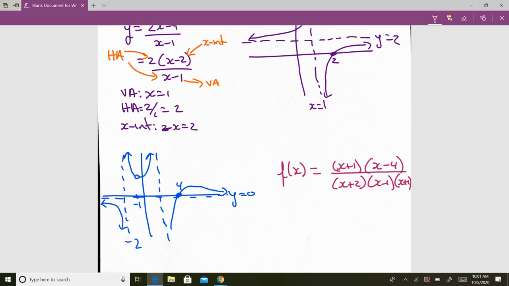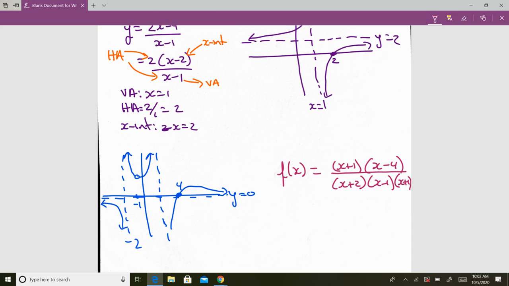Okay? Now, does it match though? What's the degree of the numerator? 2. What's the degree of the denominator? 3. If the denominator has a higher degree than the numerator, what's the horizontal asymptote? 0. We have a horizontal asymptote of 0, so we're good. Okay?